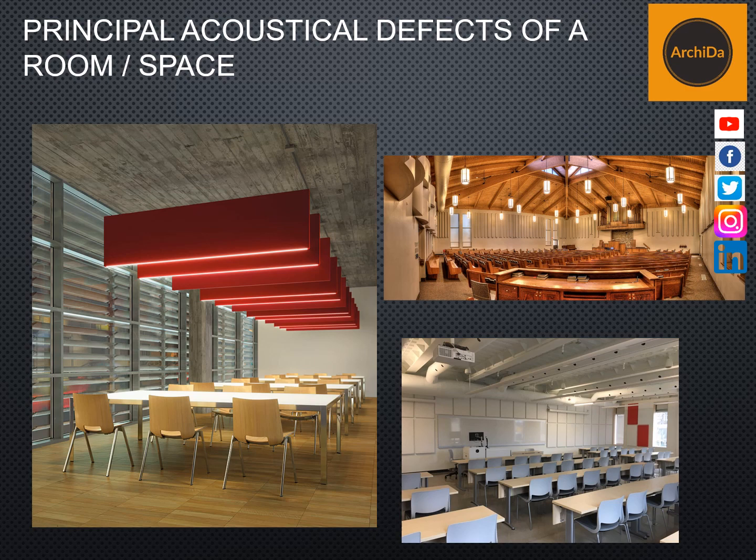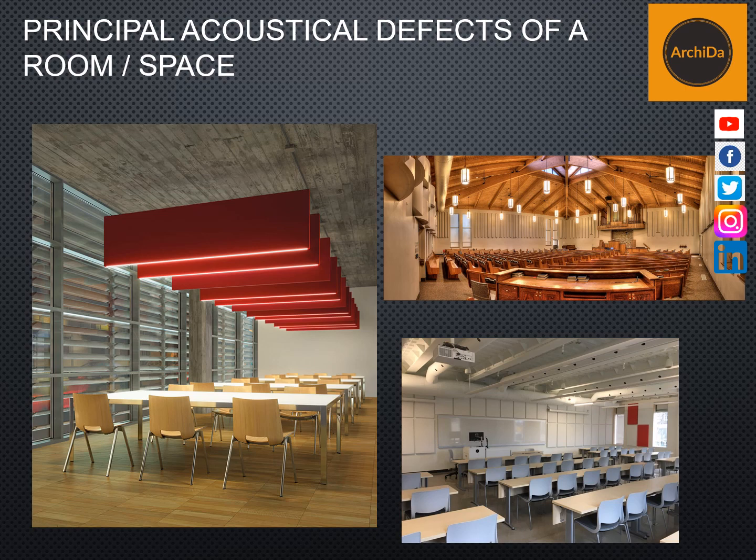Now, if you take a look at the pictures, as you see on the upper right, it is a church. You can see all the reflective surfaces in both the ceiling and the wall, meaning the speaker in the middle would like the sound to reflect up to the back of the audience. While the lower right picture is a classroom.